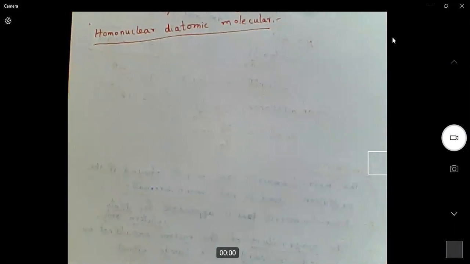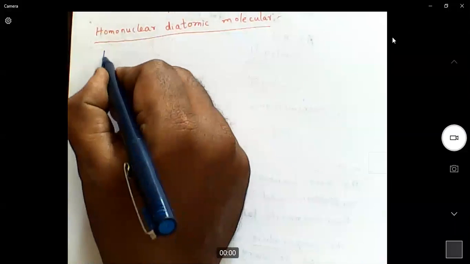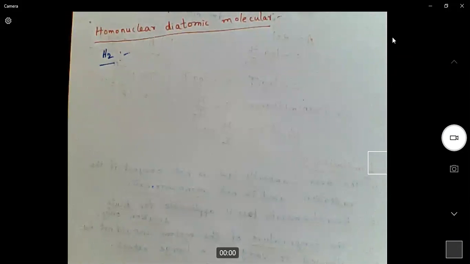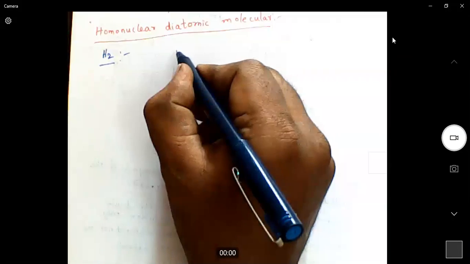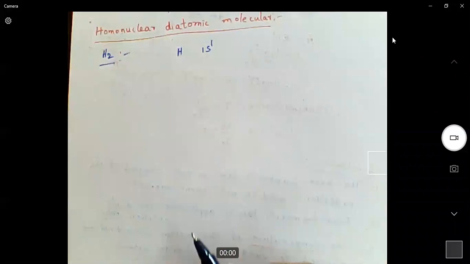Homonuclear diatomic means those two atoms are the same atoms. So a homonuclear diatomic molecule means a molecule containing two same atoms. The simplest example is the hydrogen molecule. Of course, we know hydrogen electronic configuration is 1s1.